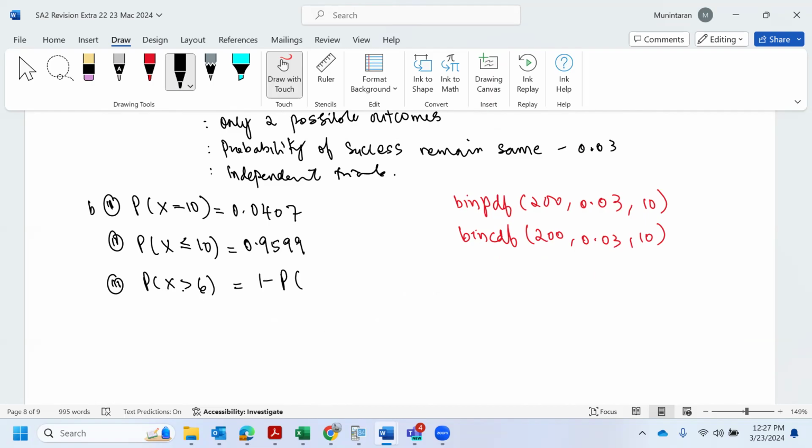Because accumulation can only be done from 0 to somewhere, greater than 6 cannot be done, so we use X less than or equal to 6. If you do the calculator, I think you should be getting 0.6063. So in this case, 1 minus binomial CDF.